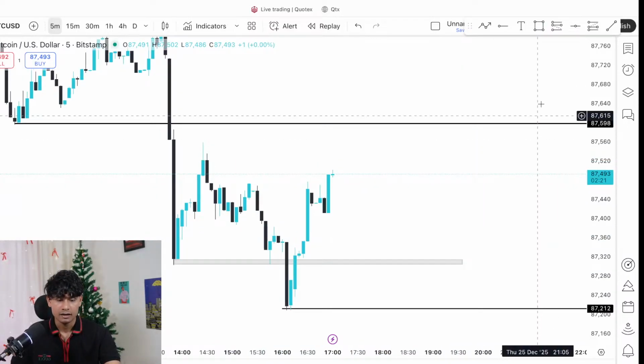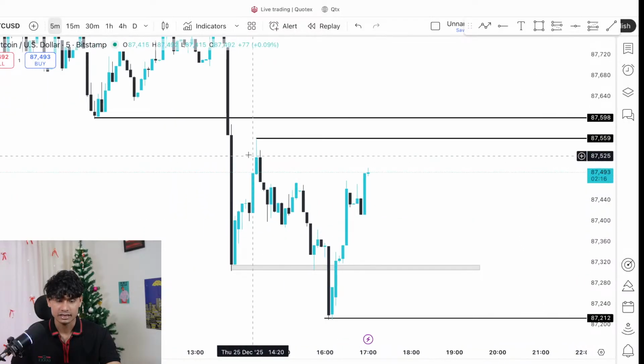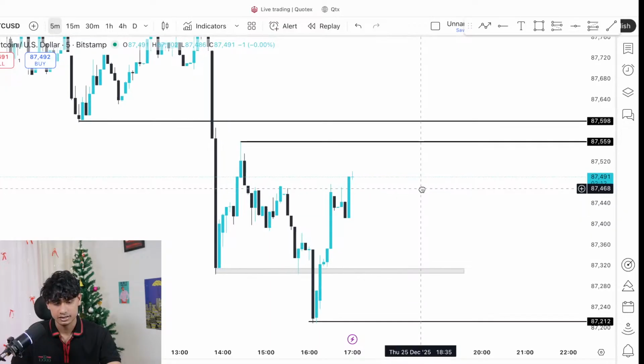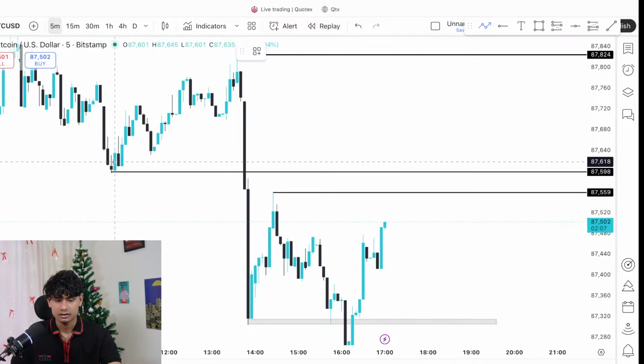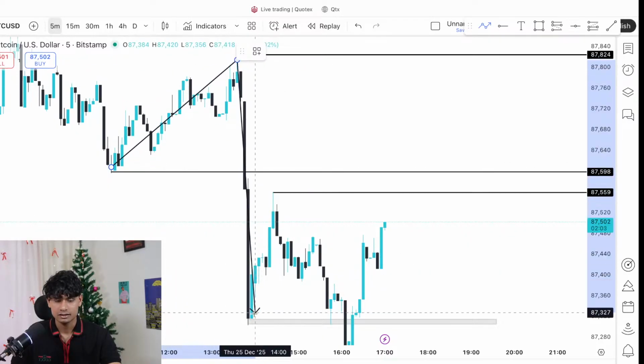This is the current high the market reached, and it was supposed to go to this level, but it did not. This time it can go to this level. This was a support, it went up, then came down to this level.